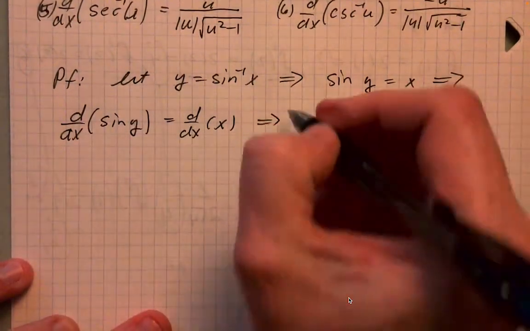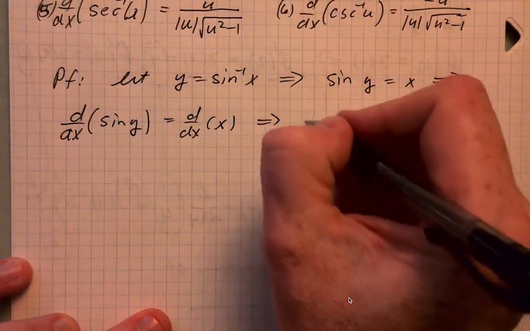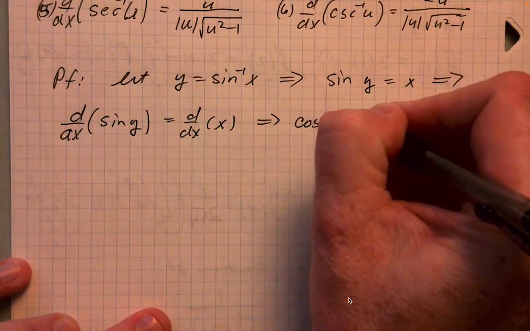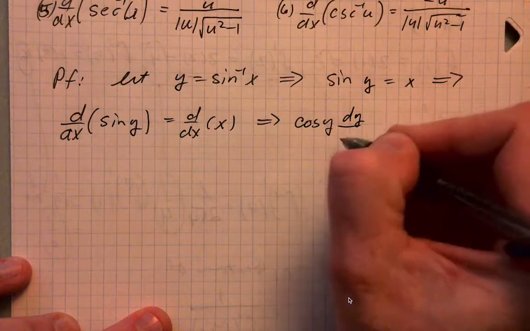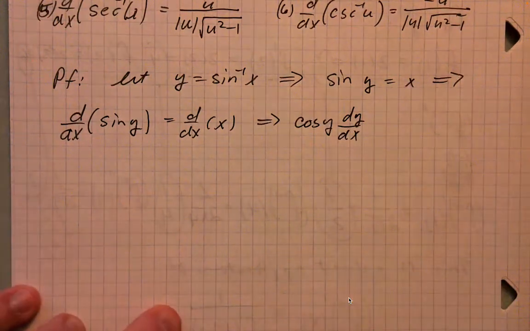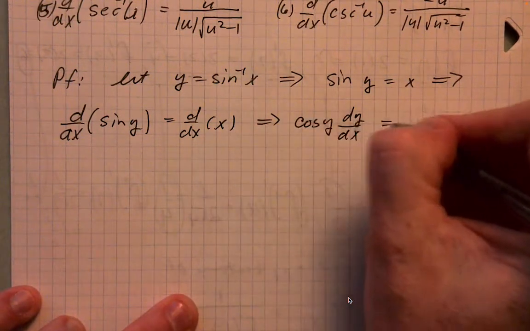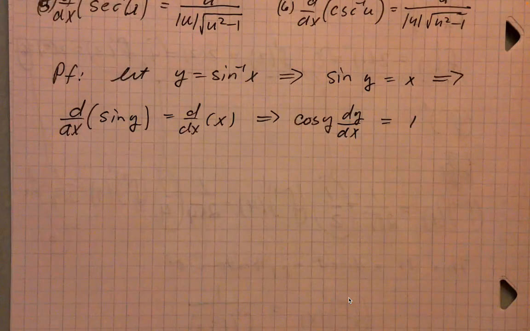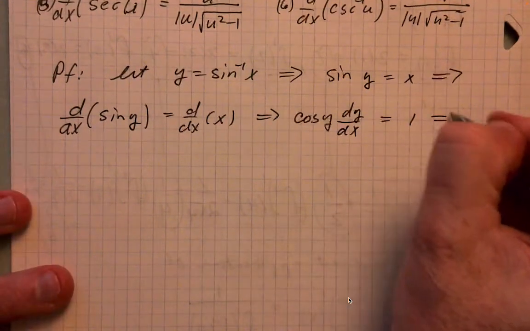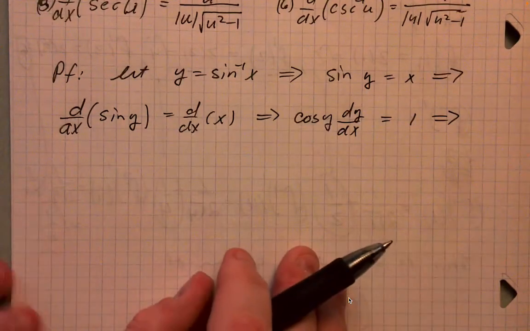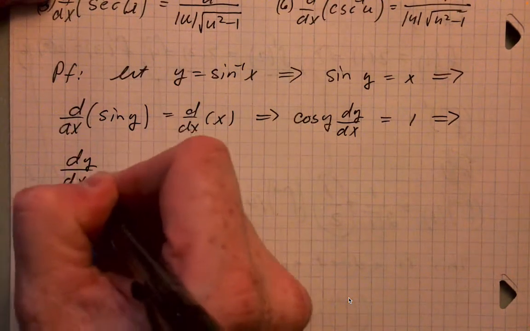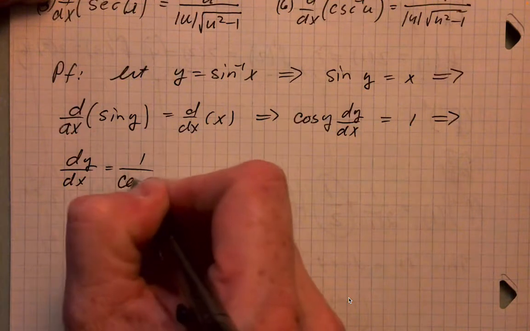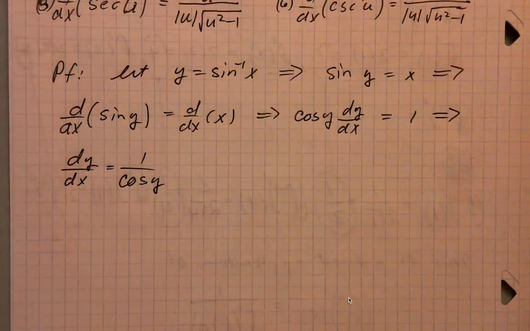We know that this is going to be cosine of y, and then because we're differentiating y with respect to x, you have to toss on this chain rule piece, dy dx. And the other side is just 1. And so then we can solve this for dy dx, and we get 1 over cosine of y.